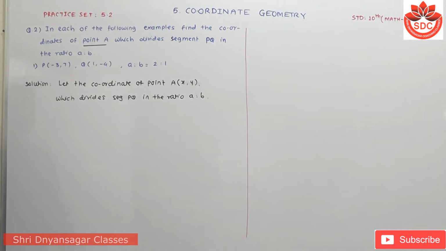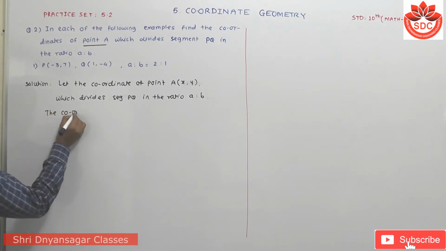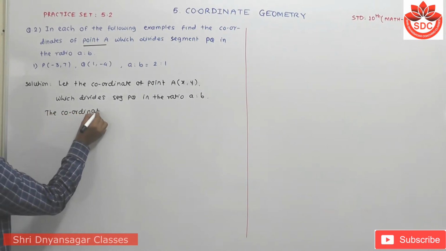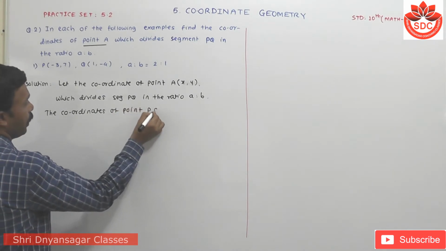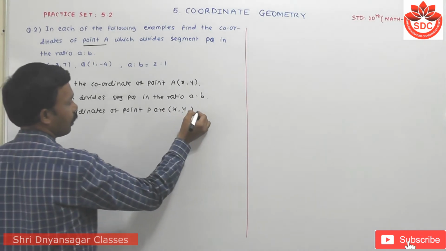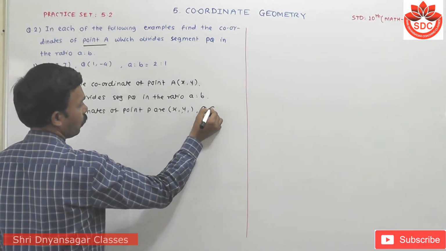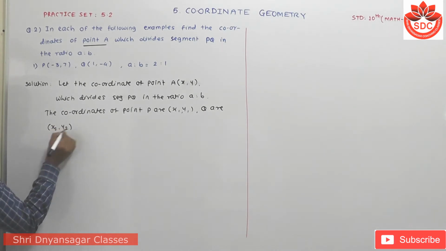Now the coordinates of point P are x1, y1, and point Q are x2, y2.